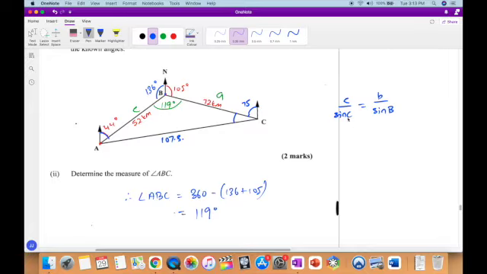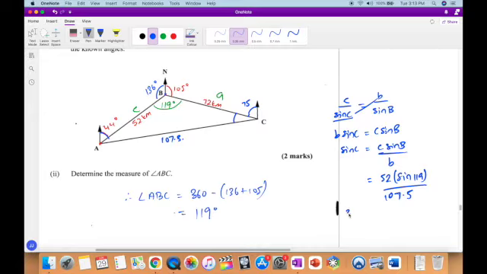And what do we want? We actually want this. So that means that I'll have to cross multiply. So B sine C is equal to C sine B, and therefore sine C is equal to C sine B all over B. So that is C, which is 52, times the sine of 119 all over 107.3.